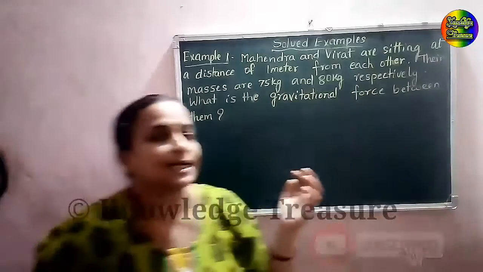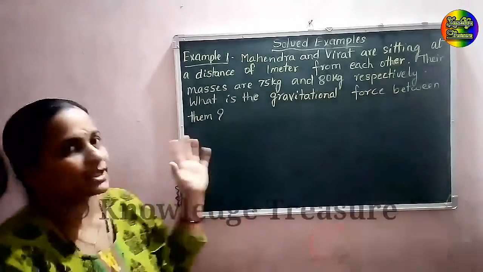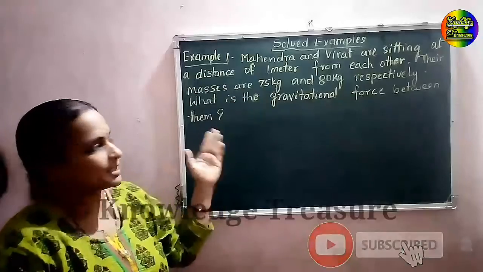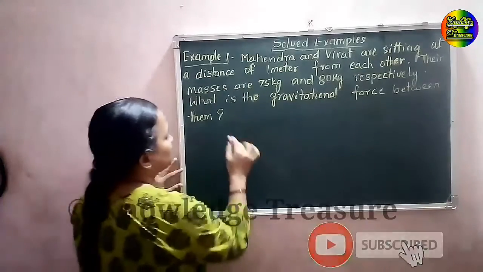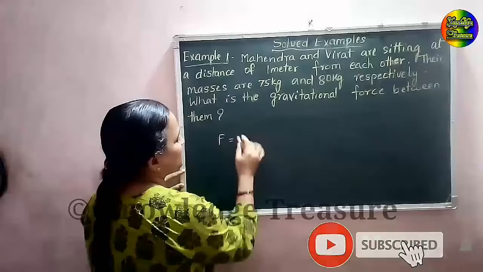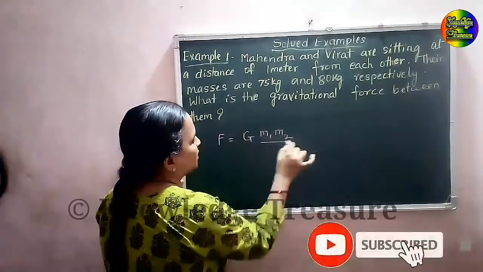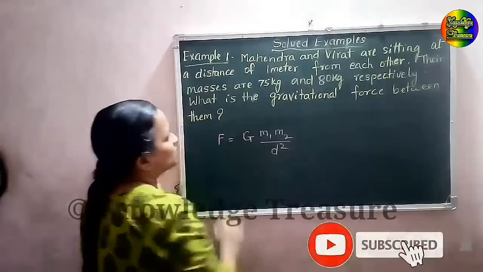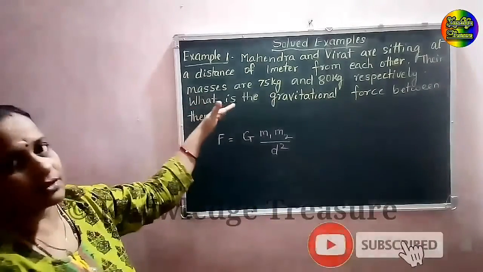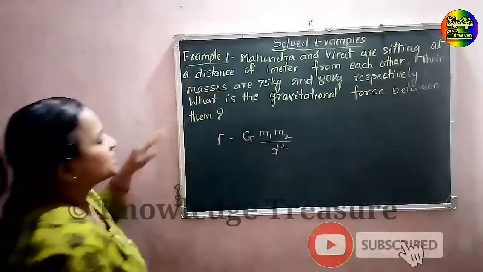We have already studied that the gravitational force between two objects, that is F, is equal to G into M1 M2 upon D square. Now, in this problem, what is given?